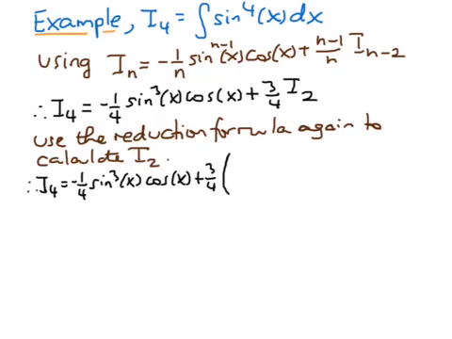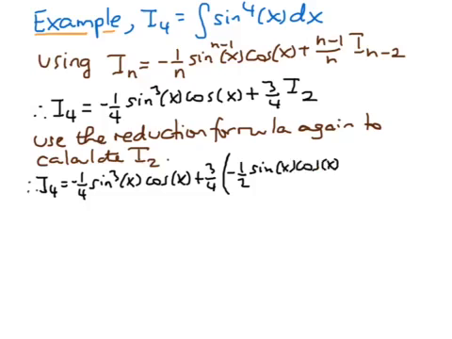So let me just do that now explicitly here, remembering that now n is no longer 4, it's 2, because I'm using the formula to calculate this. So we have minus a half sine of x times the cosine of x.